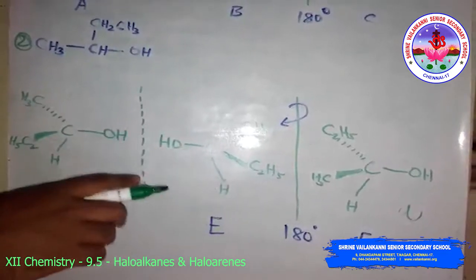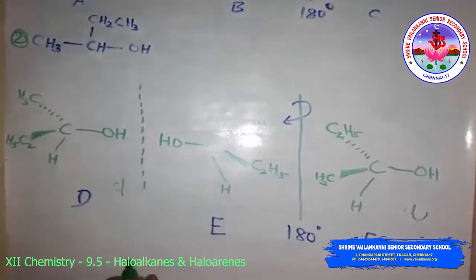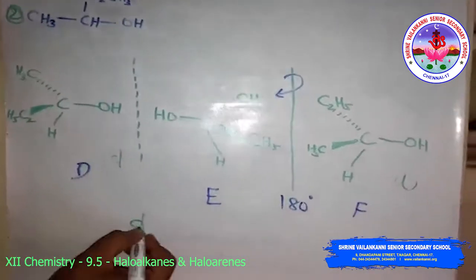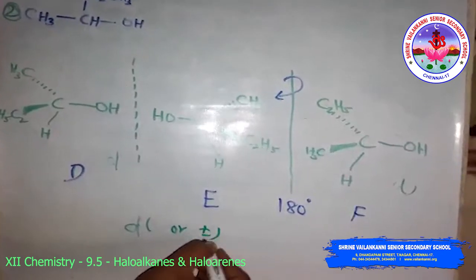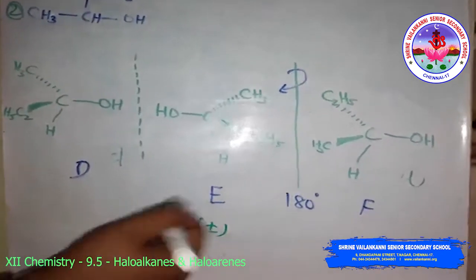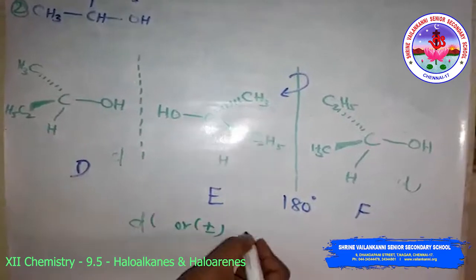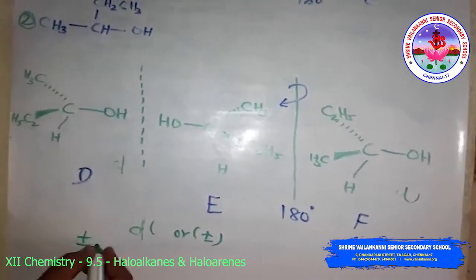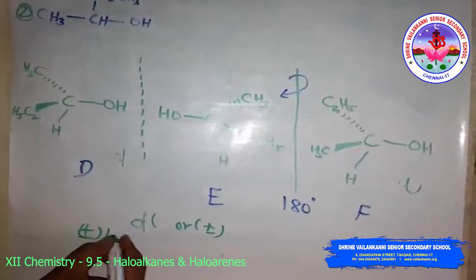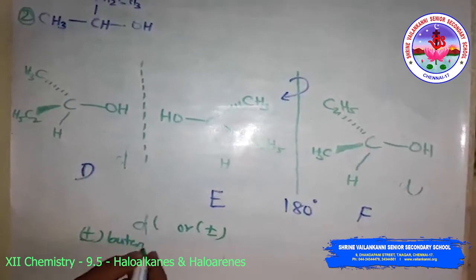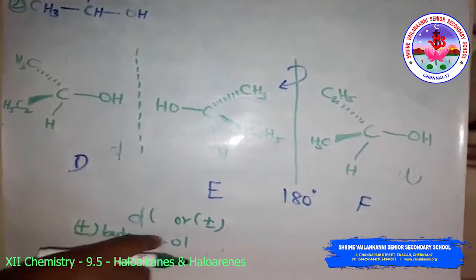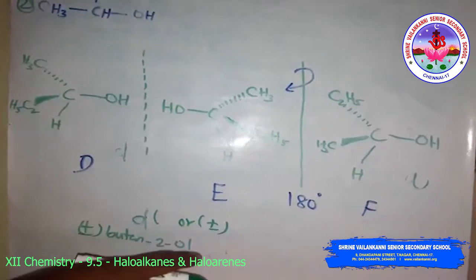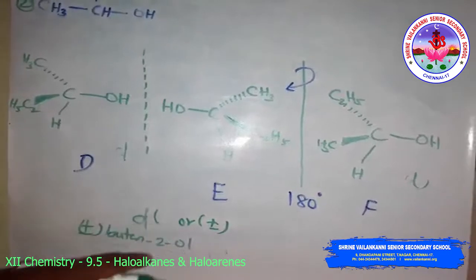The racemic mixture is represented by prefixing DL or plus or minus before the name, for example, plus or minus butan-2-ol. The process of conversion of an enantiomer into a racemic mixture is called racemization.